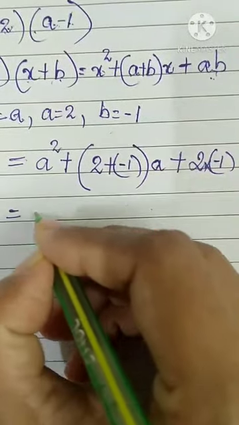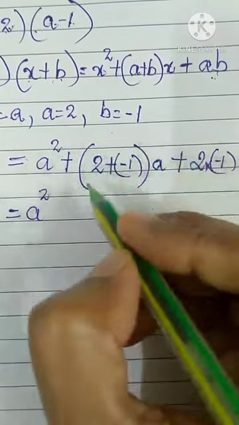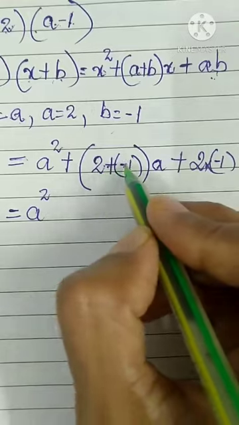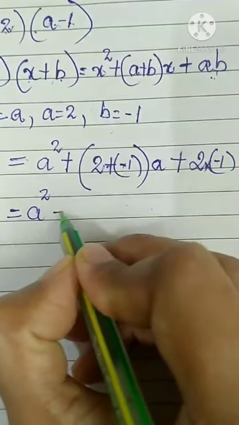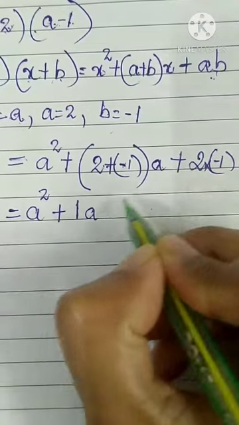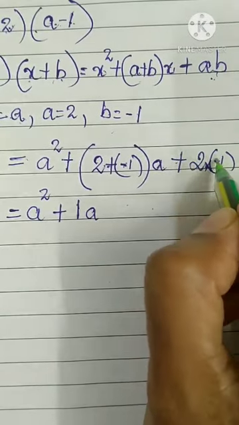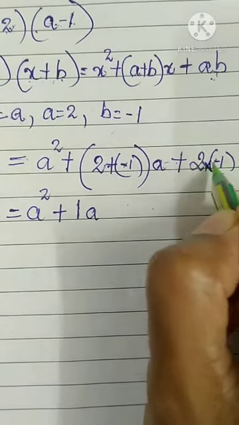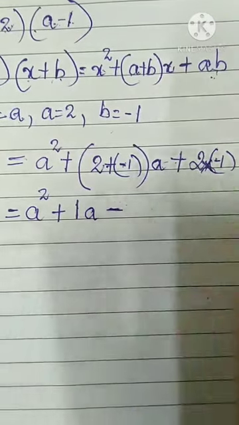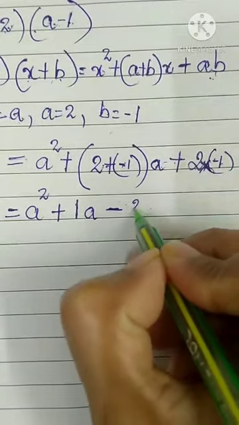So the expansion will be a square. Plus into minus will be minus. What is 2 minus 1? 2 minus 1 is 1, a. Plus into minus, here it is multiplication, so plus into minus will be minus. 2 ones are 2.